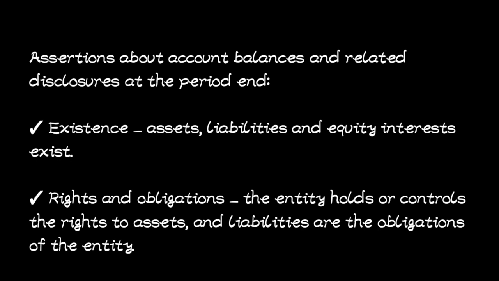Then secondly is rights and obligations. Like the auditor has to confirm if the entity really has control over the assets, or it has rights to the assets that were recorded in the financial statements or not. And then they have to confirm if the entity really has the obligation to pay the liabilities that were recorded in the statement of financial position.